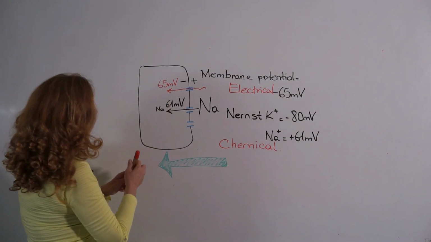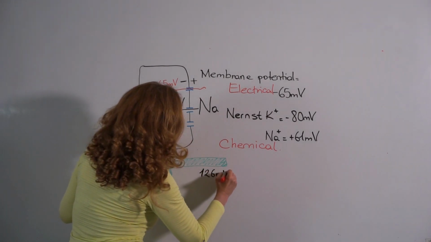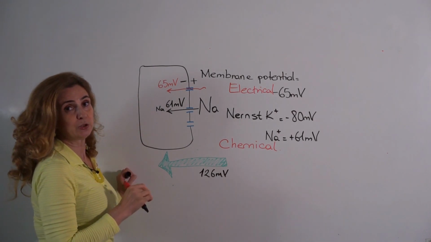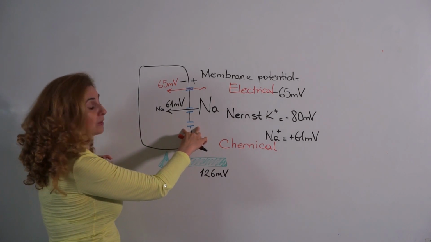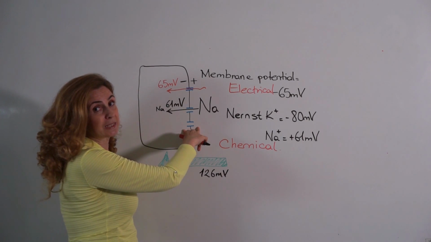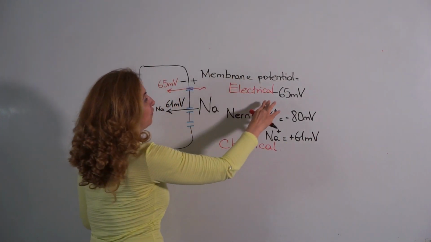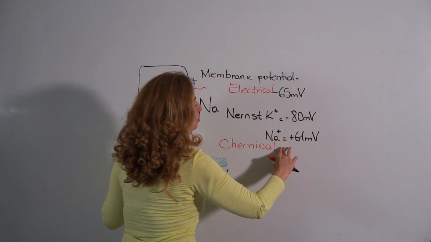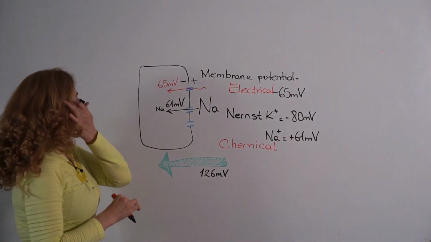A total of 126 millivolts in this example will be pushing sodium into the cell if sodium channels are placed or opened at the membrane under the conditions of a membrane potential of -65 and a sodium Nernst potential of +61 millivolts.